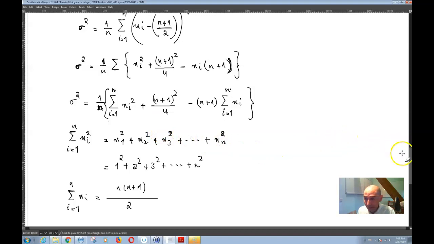Now, if you have sigma of x of i squared, with i going from 1 to n, what that means is that you have x of 1 squared plus x of 2 squared plus x of 3 squared plus all the way up to x of n squared.